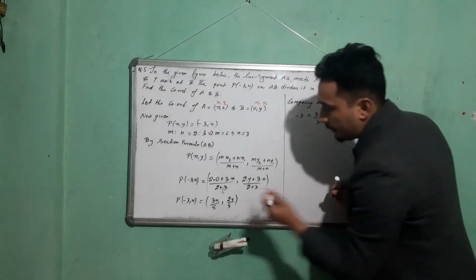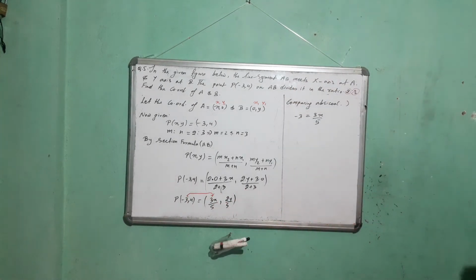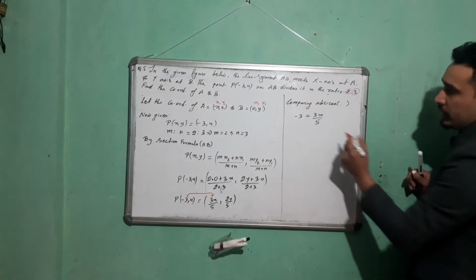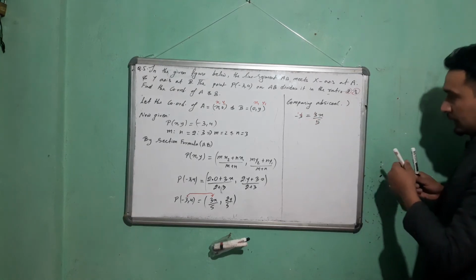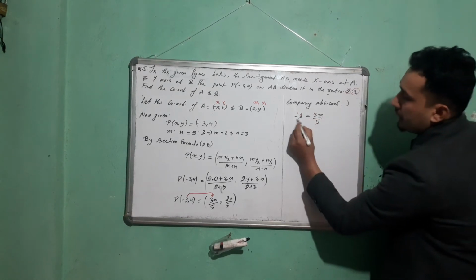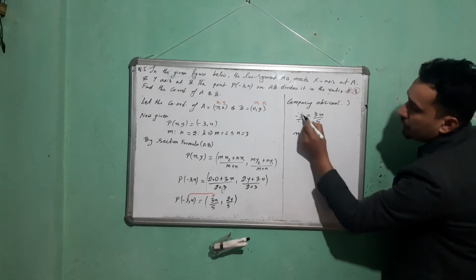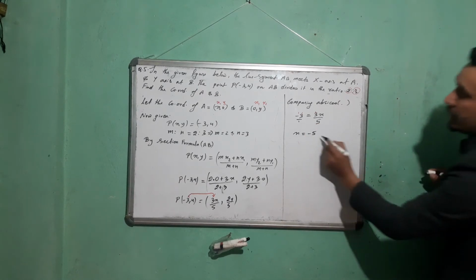This is compared with this, first is equal to first. So 3 and 3 get cancelled, so here is 1, and below is again 1. So 1 into x is equal to 5 into 1, with the minus sign, so x is minus 5.